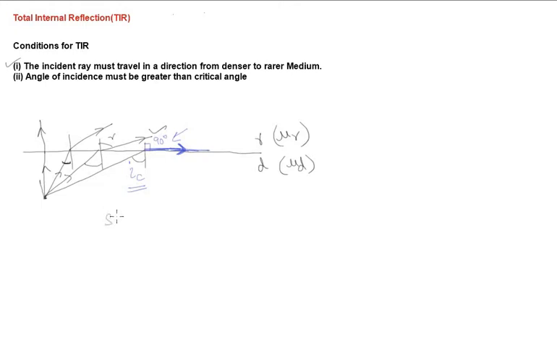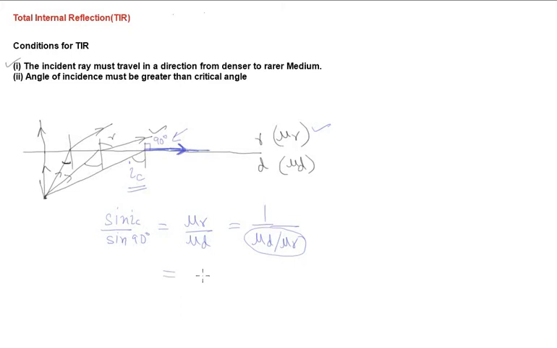Snell's law says that sine i by sine r, so sine ic by sine 90, will be equal to mu r, because mu r is the medium in which it is going, and it is coming from the denser medium, so mu r by mu d. We can also simply write it like this, mu d by mu r. So what is mu d by mu r?